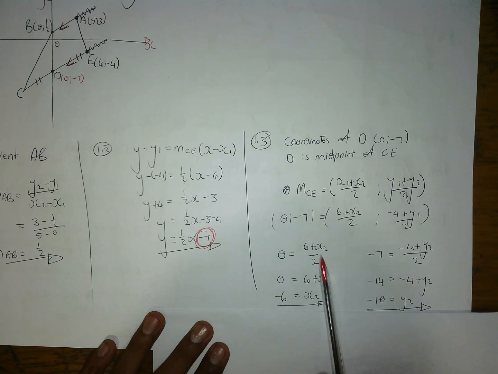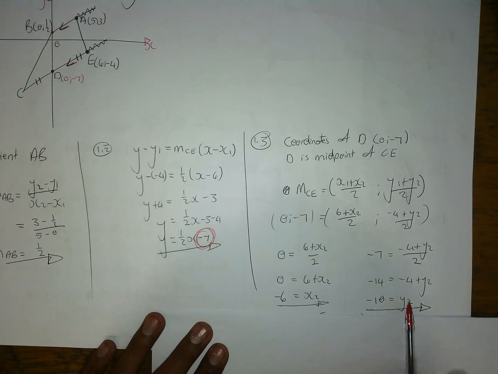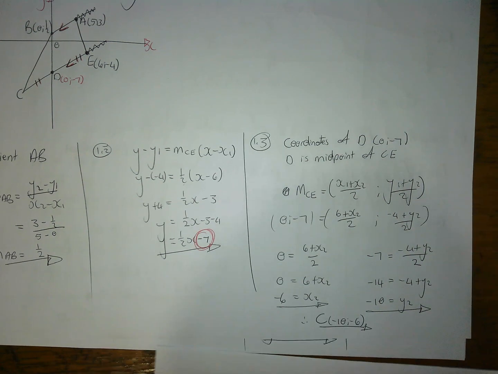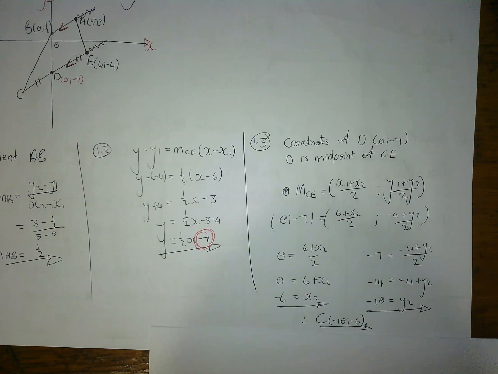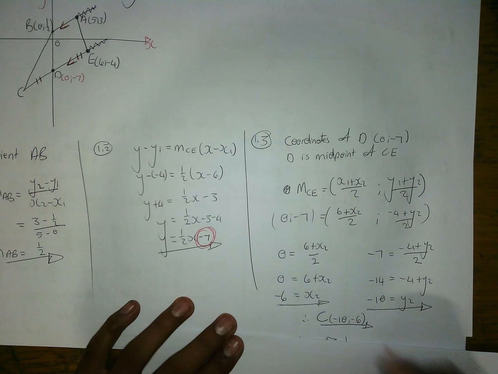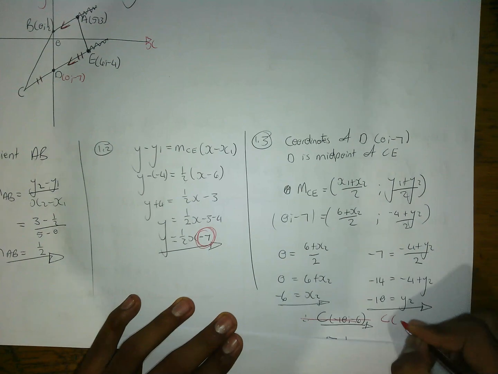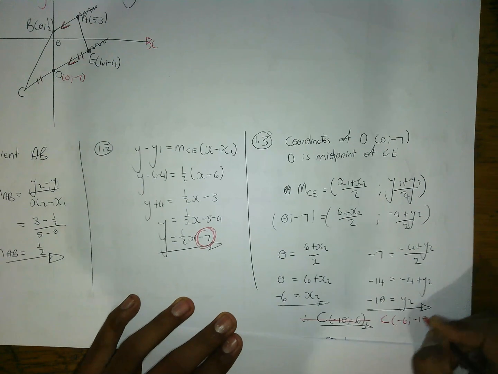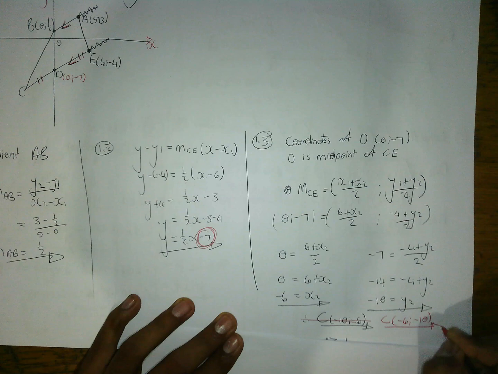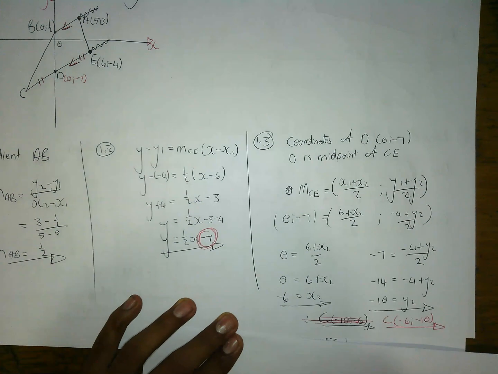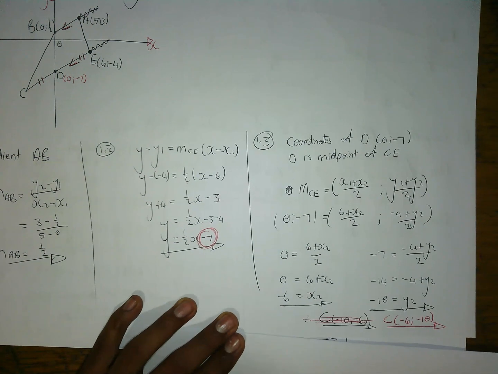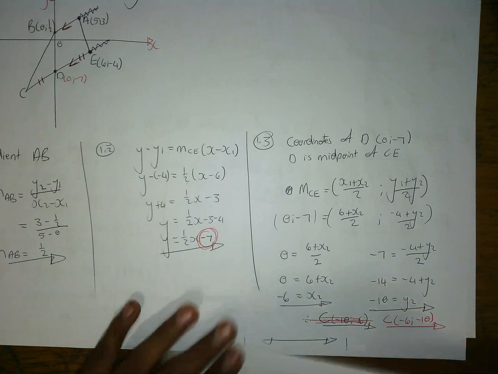I get my x2 alone, get my y2 alone. Then these values are now the coordinates of my C. They have it at the bottom. Oh, and I put it wrong down. C is -6, -10. Always put the x value first. Very straightforward, right?